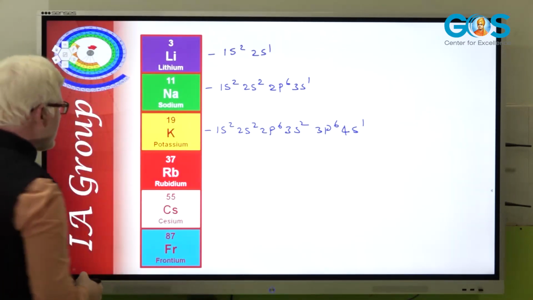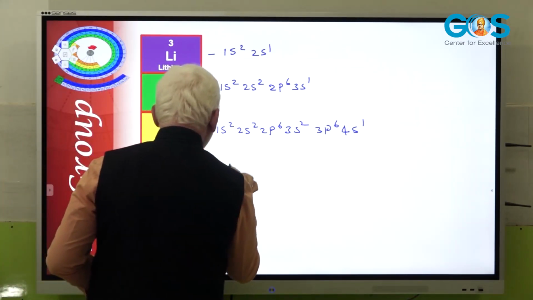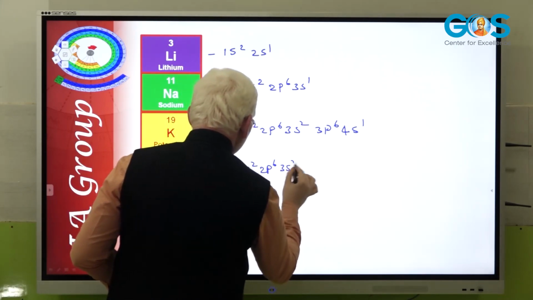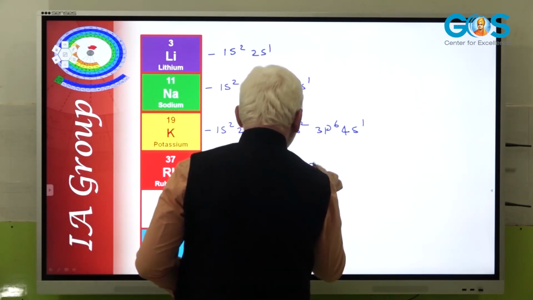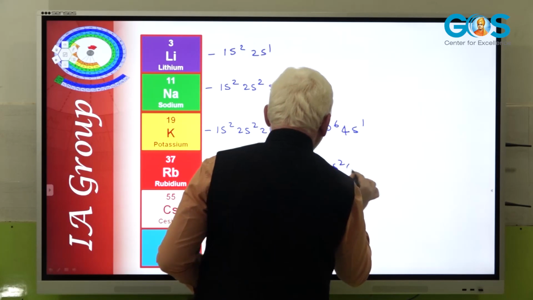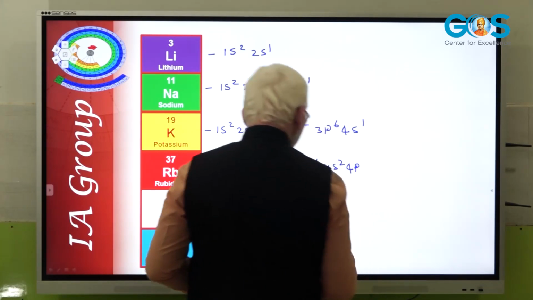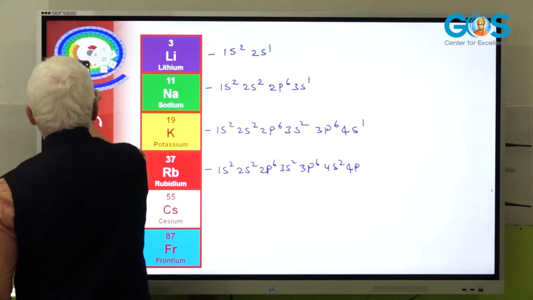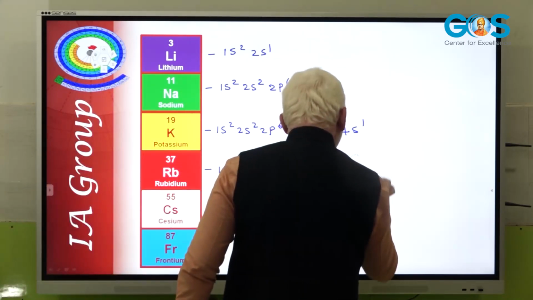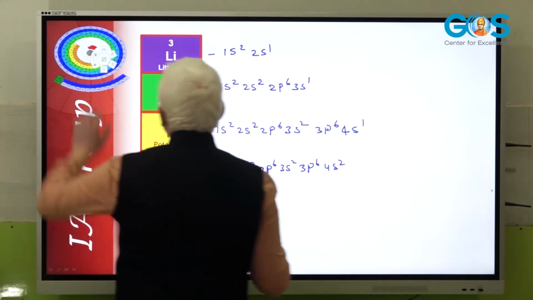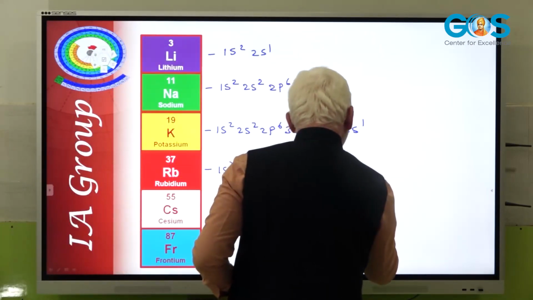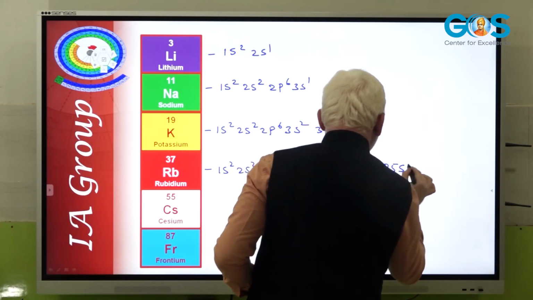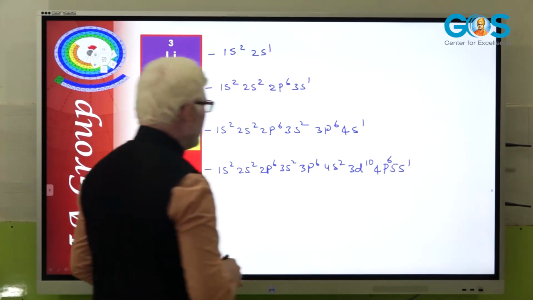The electronic configuration of rubidium is 1s2, 2s2, 2p6, 3s2, 3p6, 4s2, 3d10, 4p6, 5s1.